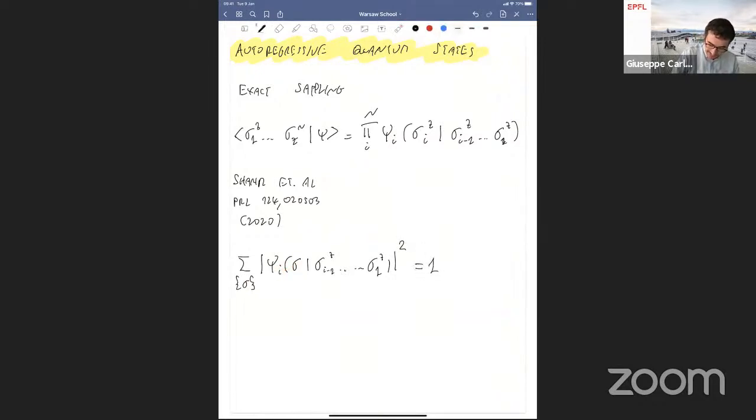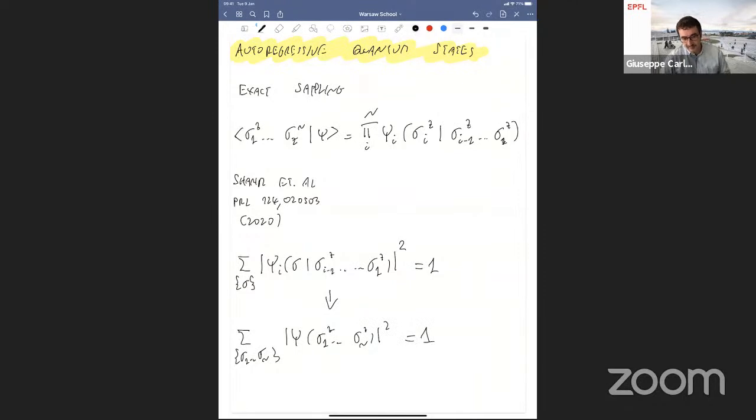So they are normalized over the first variable to 1. This is a condition that is easily implemented in practice, for example using a recurrent neural network, as you've seen in the talk given by Juan. And then you can show that this condition automatically guarantees that not only the conditional wave functions, but the full psi, the psi of sigma 1 up to sigma n, is normalized to 1.